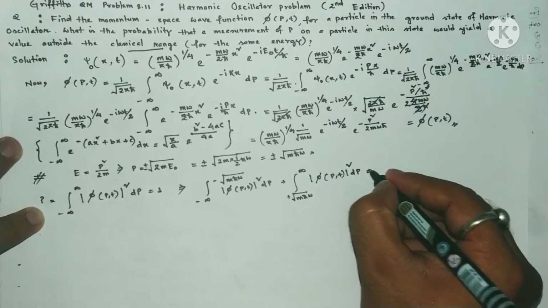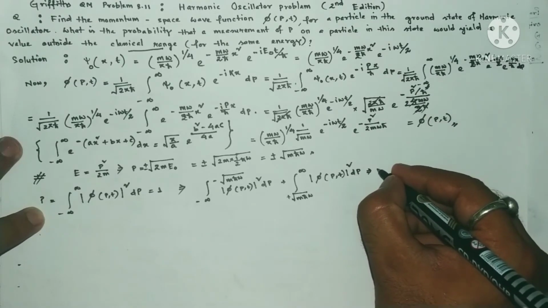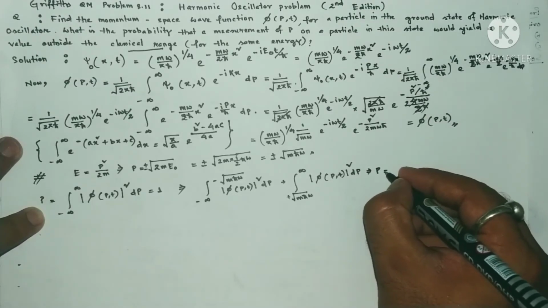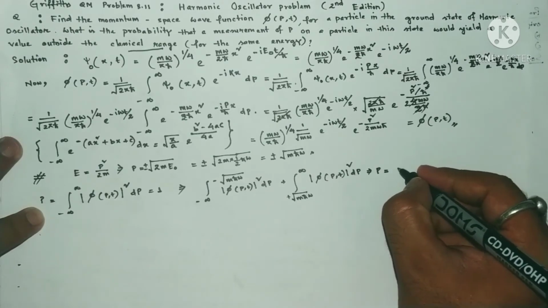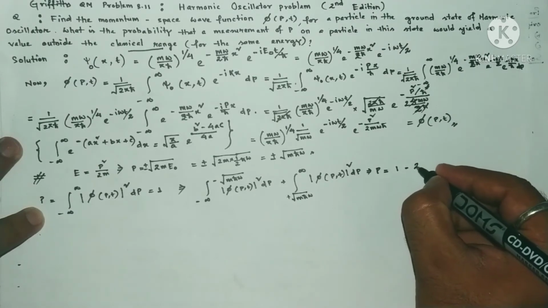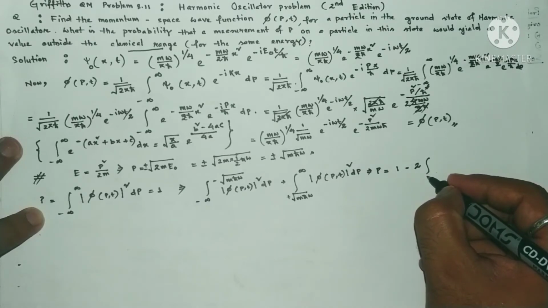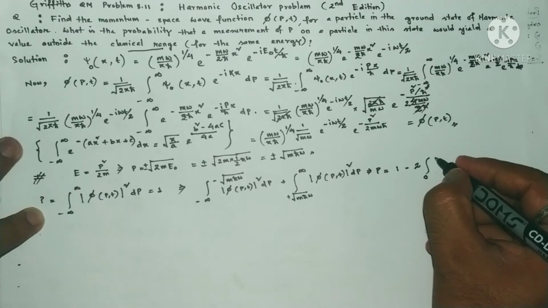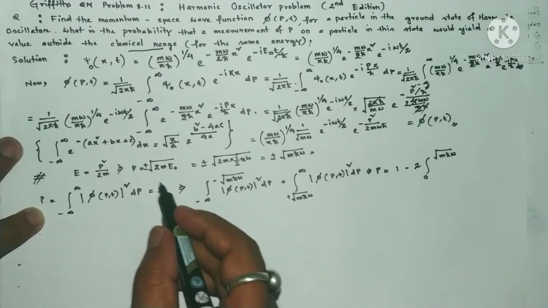So this can be written as, see now, we can write the probability will be equal to 1 minus twice of 0 to under root m h cross omega, since total probability is 1.